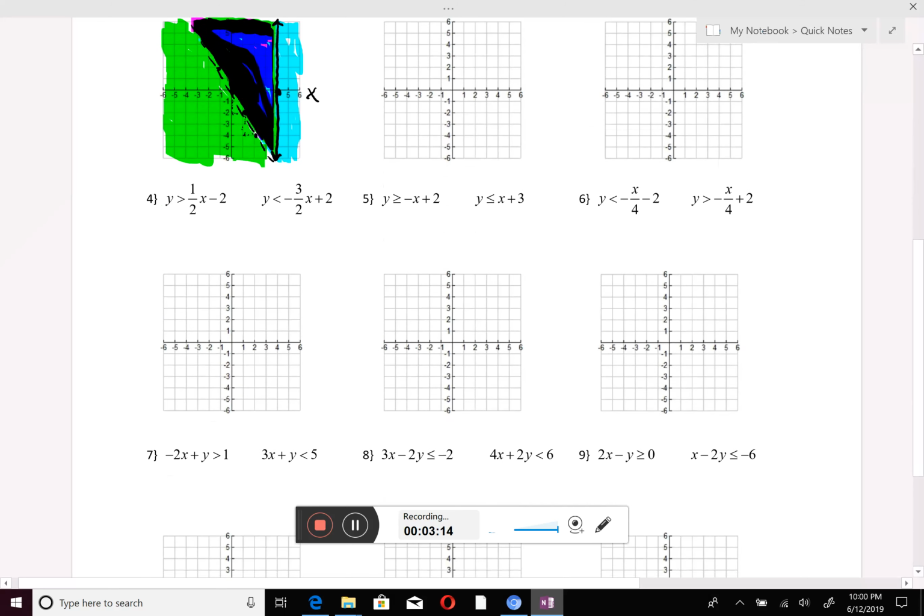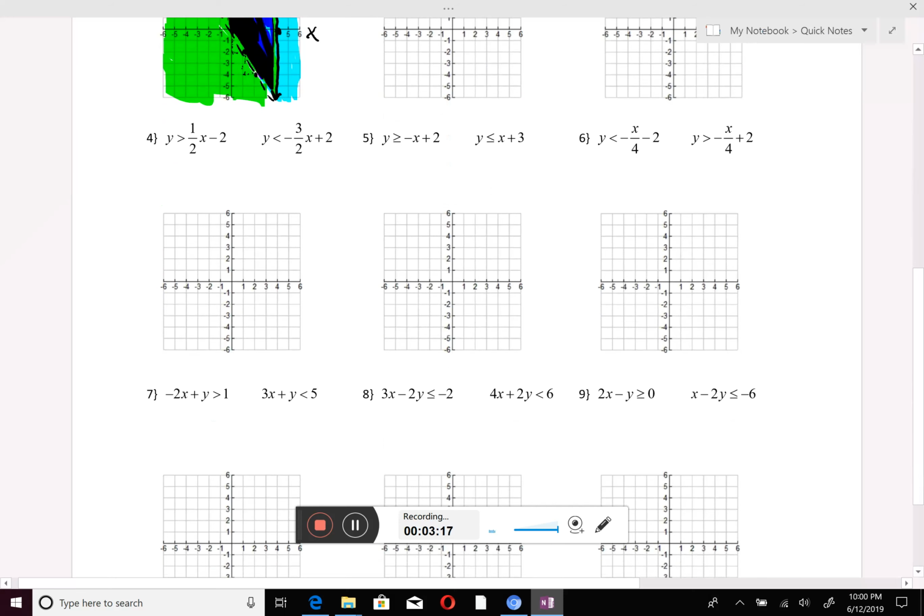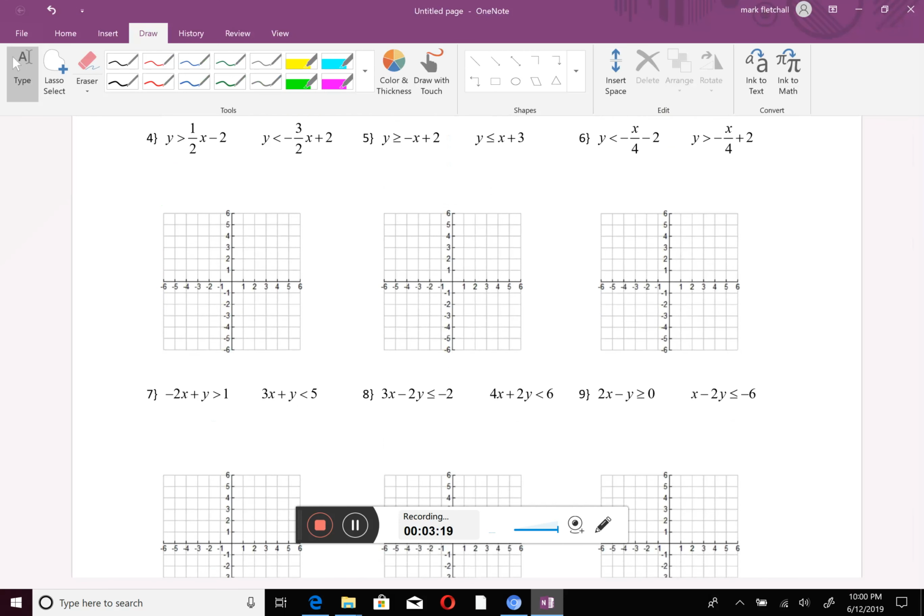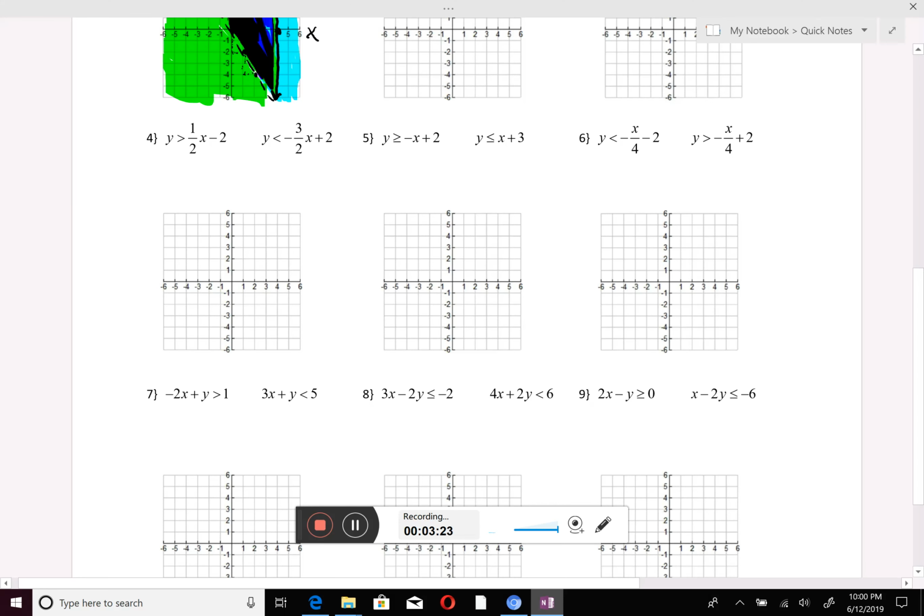Now if we do a problem like number 4, where they both have y-intercepts this time, I'll do this first one in red. I'll start on the y-axis at negative 2, and then I'll go up 1 to the right 2, since my slope is 1/2.